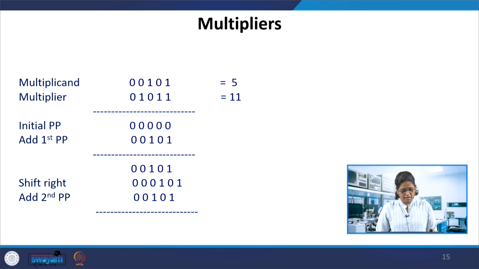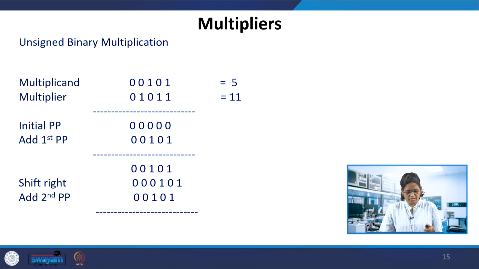Instead of this, we have unsigned binary multiplication. These are the two numbers we had taken. First take the initial partial product, and then the first partial product, which is the multiplicand multiplied with 1. So you get the first partial product, and then add these two.